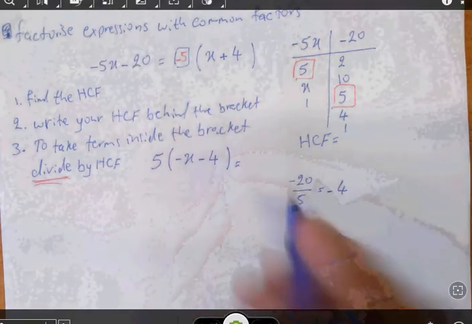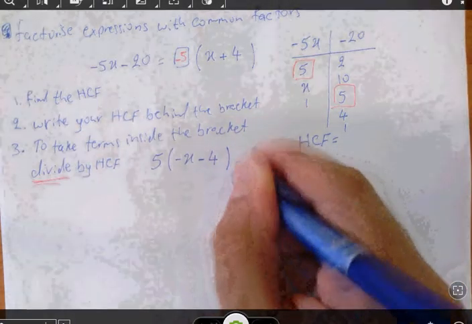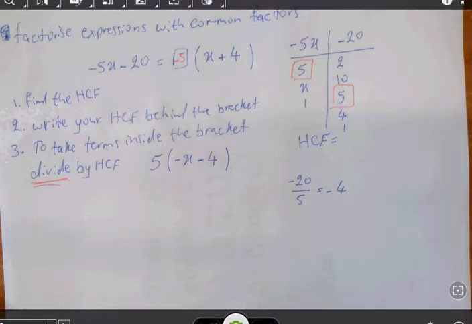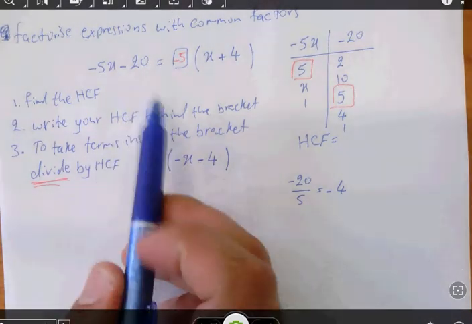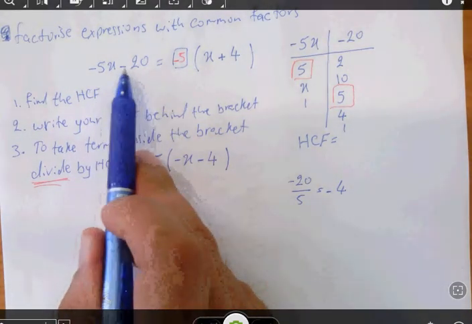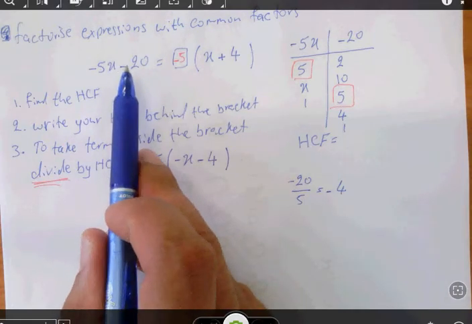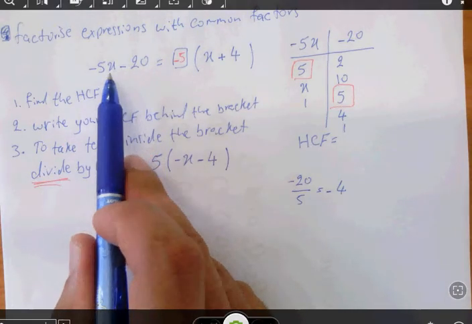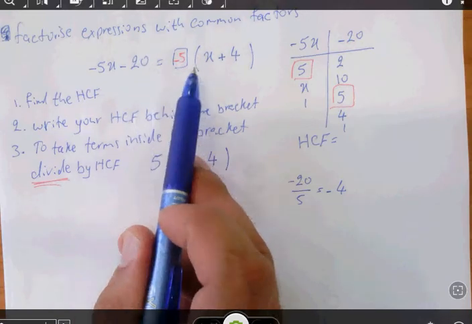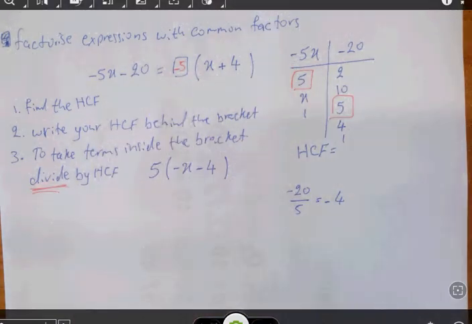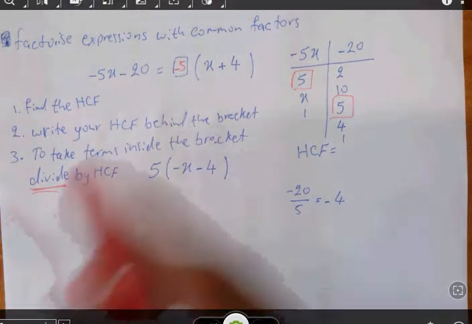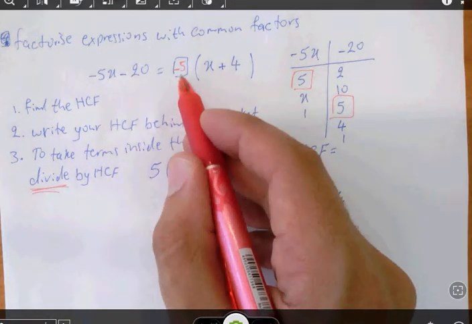Now, look at this. We factorized the same expression, and because it was a bit complicated, because they both had a negative sign, we factorized it in two different ways. And they're both correct. In this situation, I said negative 5 is the common factor.